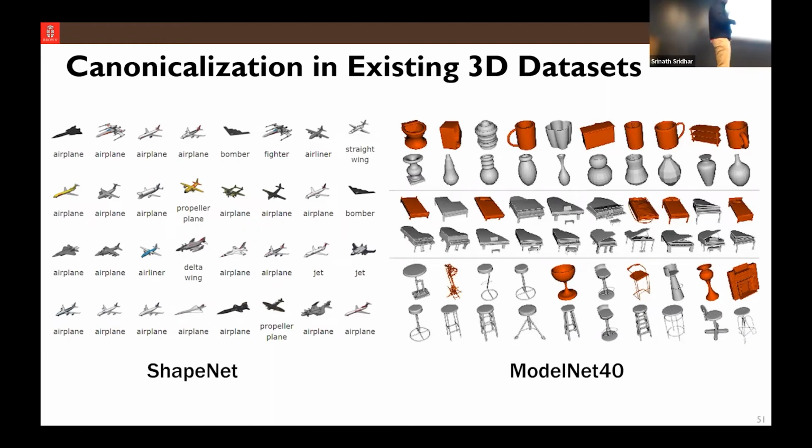So ShapeNet Core in particular has this kind of canonical orientation. Most of the work in 3D shape generative models makes use of the ShapeNet Core dataset, which significantly makes the problem easier, because you don't have to account for the rigid pose variation. So that's kind of a dark secret that nobody talks about that much.